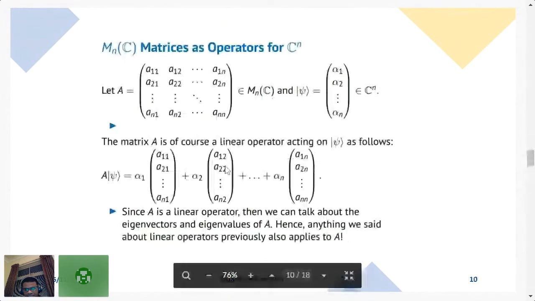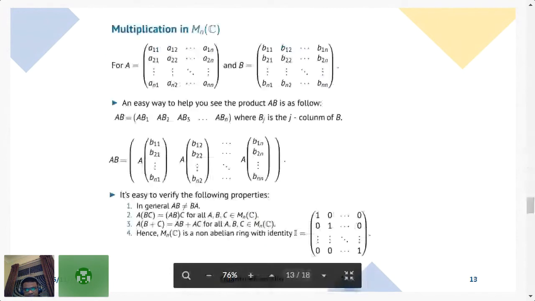This is essentially the same thing. So that's what you do. Hopefully there is no typo somewhere. And then it's easy to see that, in general, the product is non-commutative. I'm pretty sure all of you in the audience already know this.